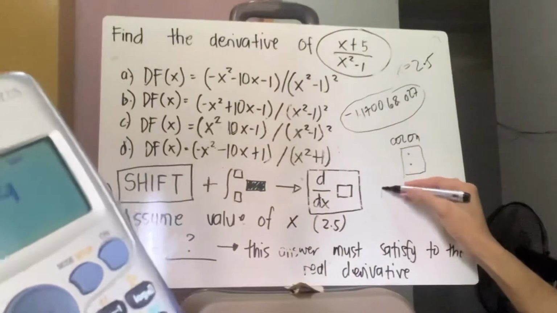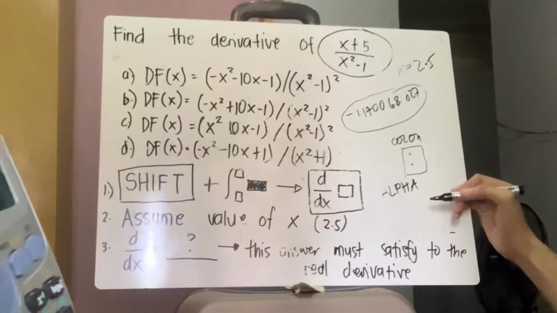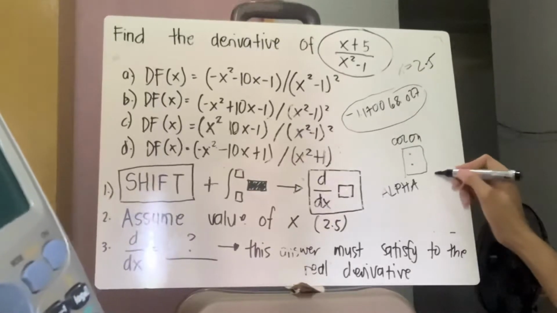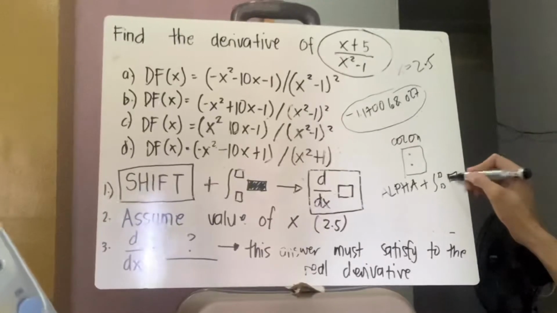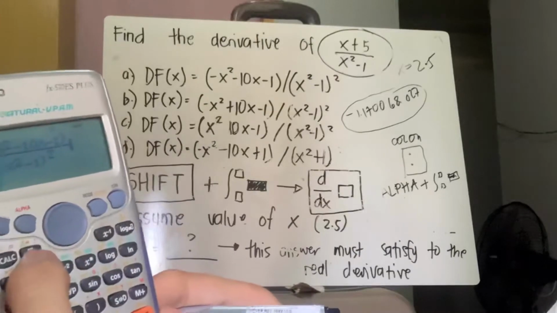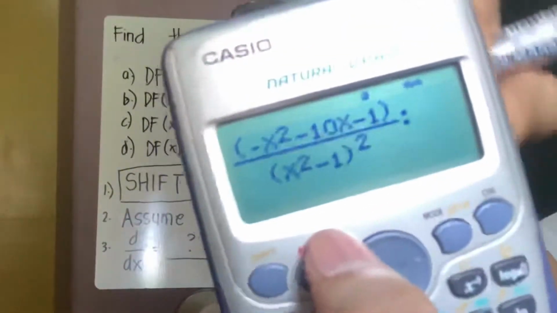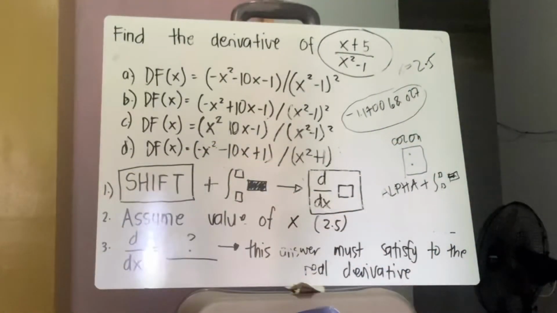You just have to click alpha, and then just below your alpha again is your integral, something like this. Click alpha and then this one, then the colon will appear. And then you also input B, which we will input right now. Something like this.